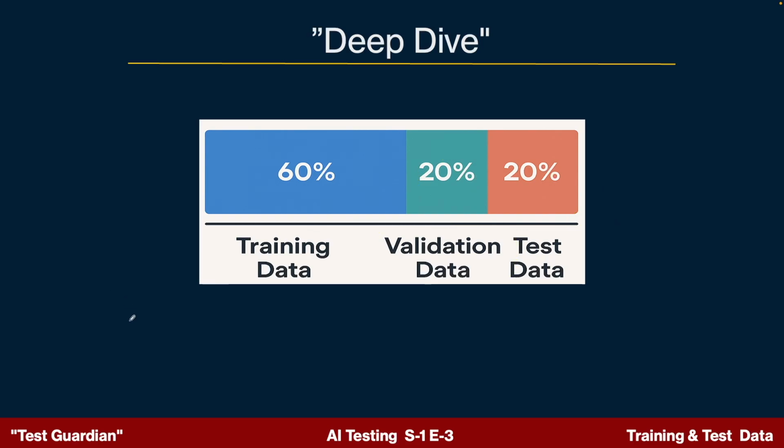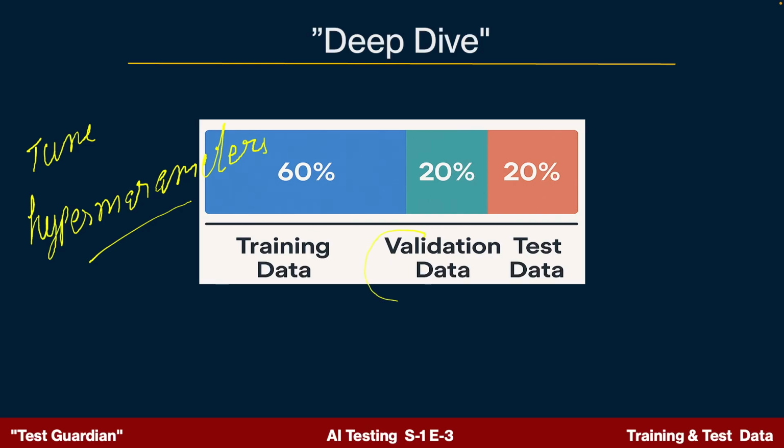The other thing that you need to remember is two keywords. One is tune hyperparameters. As I said, in the validation data, whatever the problems are, you're going to fix them. Those are called tuning hyperparameters.